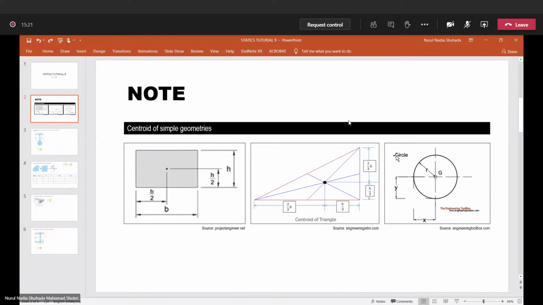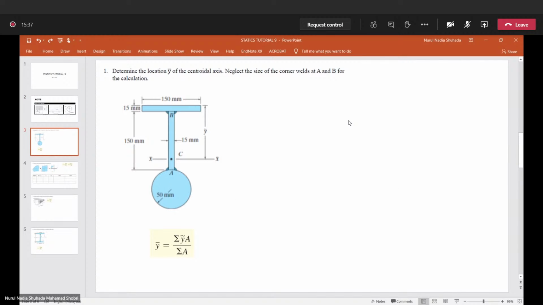And for the circle, finding the centroid is basically based on the radius, either the value of centroid for y or x. So while waiting for your other friends, let's spend 10 minutes to solve problem number 1. After 10 minutes, about 10:13, we will discuss question number 1.